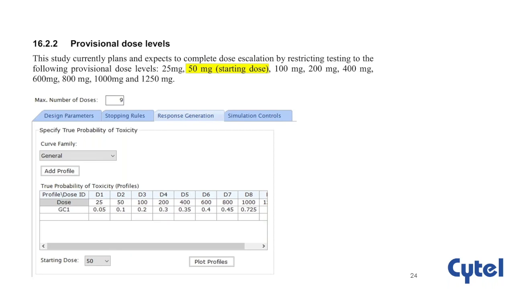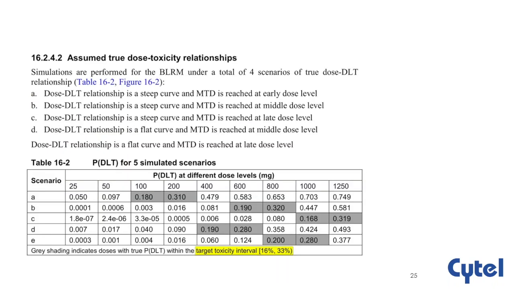A few more pieces of information about the study. We have 9 dose levels that we are examining, from 25 up to 1250 milligrams. 50 milligrams is going to be our starting dose. The way that the software works is through simulation. So basically what you have to do is see how well the method performs in identifying the MTD in situations where you know what the actual MTD is.